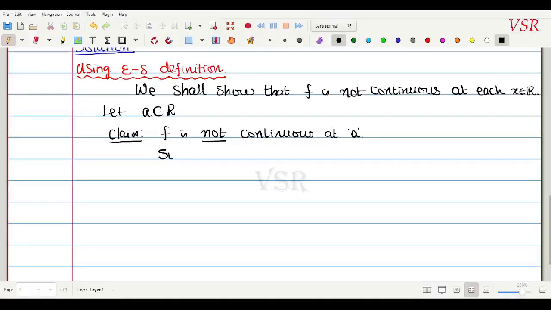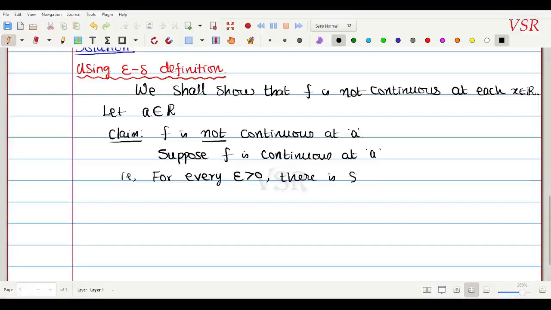Suppose f is continuous at a. a ல கண்டினியூஸாக இருக்கு அப்படின்னா என்ன அர்த்தம் அப்படின்னா that is for every epsilon positive there is a delta positive such that, what we have, this is distance between x comma a which is less than delta.